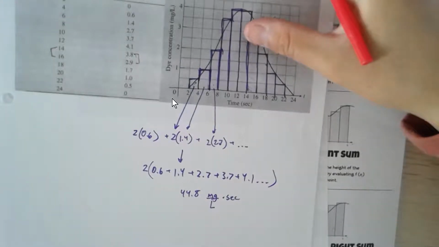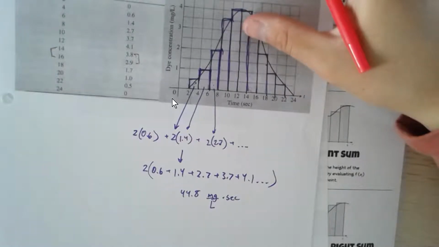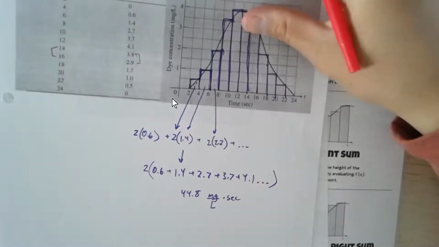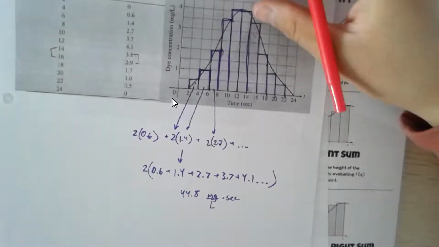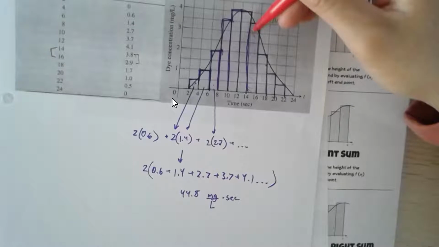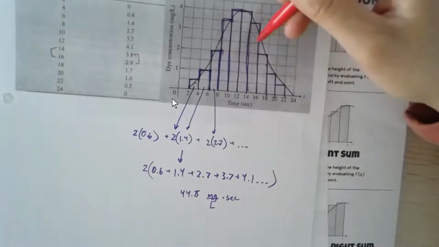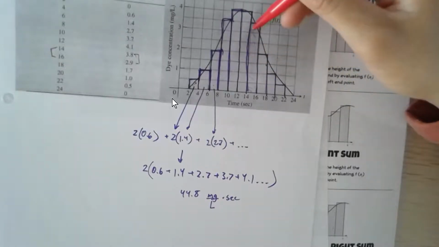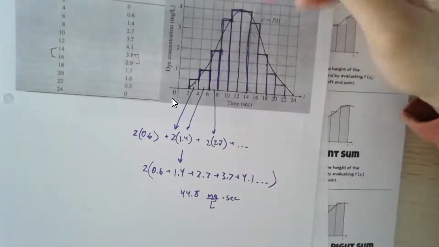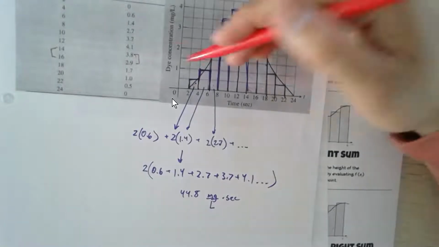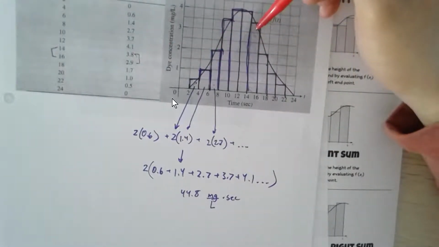If I were to go with 2.9, which is about up here, and this is where the curve is, I think I'm completely underestimating the value of the actual area under this part of the curve, because there's a little bit of the area that I didn't account for right there. So if I go with the higher height, which is about 3.8, I think that's a little bit more accurate, wouldn't you say? But that's the problem.